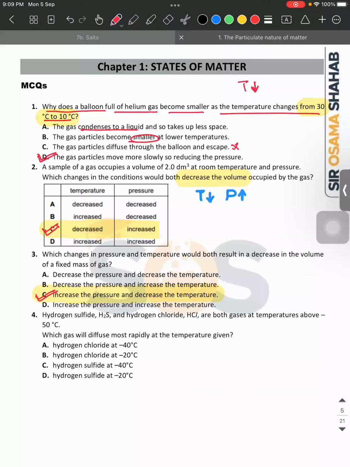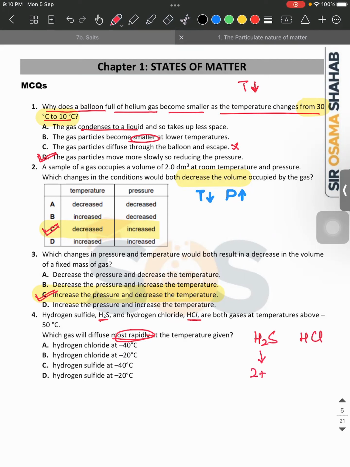Sir, I think it's A. Oh, no. That's not right, I think. Let me check. Hydrogen sulfide and hydrogen chloride are both gases at room temperature and pressure. Which gas will diffuse most rapidly? They're asking for most rapidly. So if we talk about H2S and HCl, what is the molecular mass of H2S?